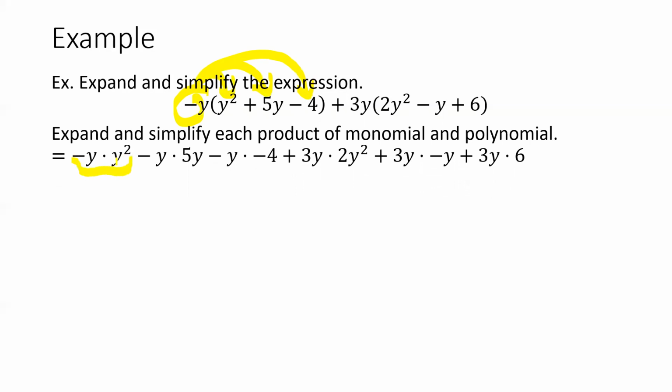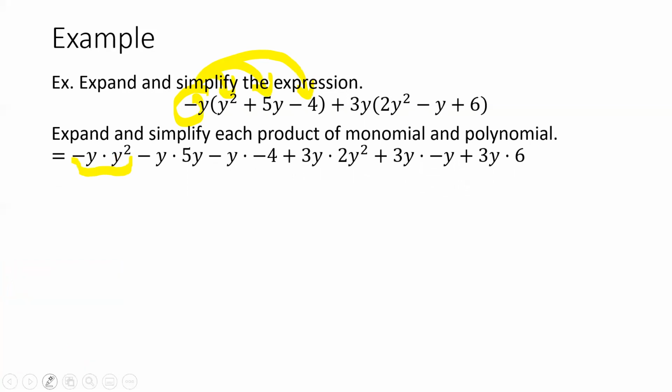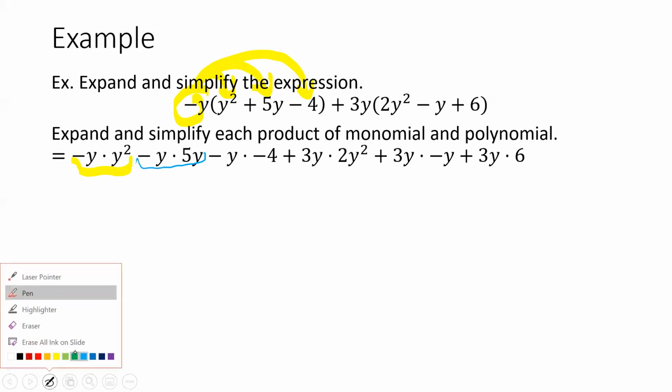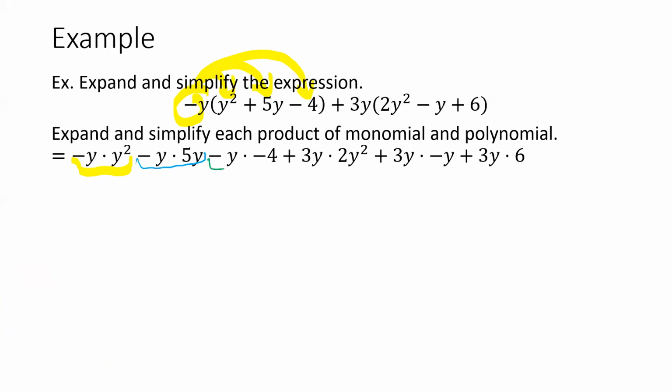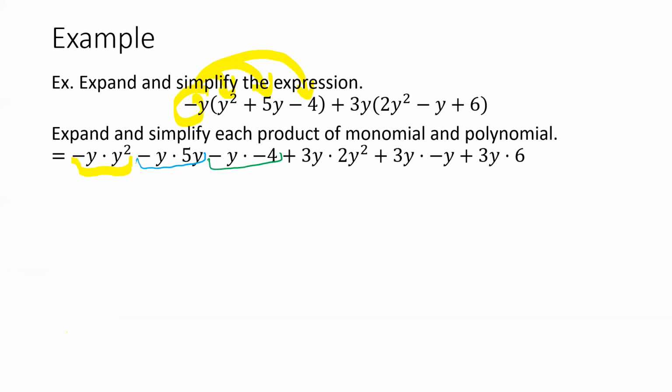So I'm taking -y multiplied by y squared, and I'm going to switch back to the pen here. It's just a little easier to read. And then I take -y multiplied by 5y, which is the next term in the polynomial. And then I'm going to take -y and multiply by -4, which is the last term in the polynomial there. And then once I'm done with that, I'm going to go to my next set of terms that I'm multiplying.